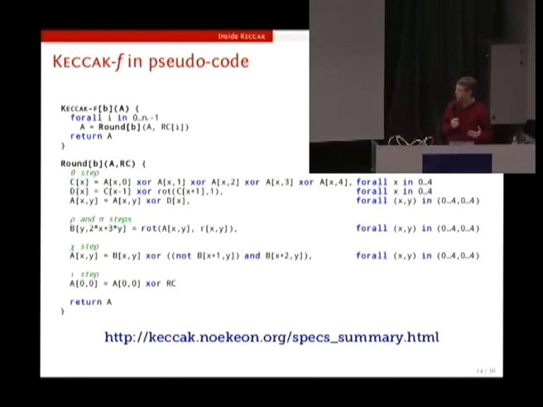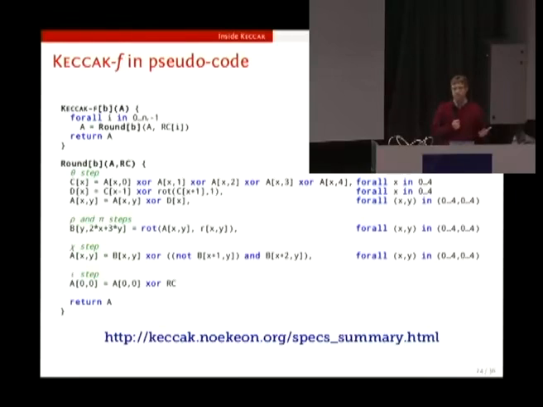In the theta step, you have a bunch of XORs, 1 rotation by 1 bit over 64 bits, and that's it. In the rho and pi steps, we just move things around and add some rotations to change the bits within each of these lanes, each of these 64-bit words.